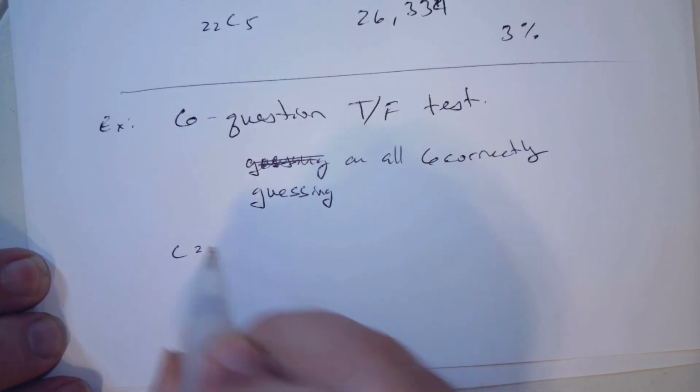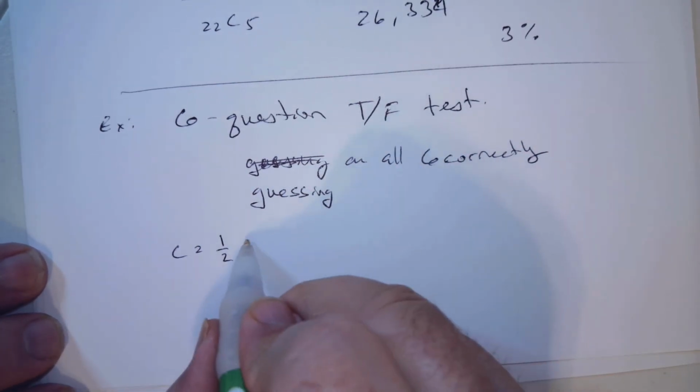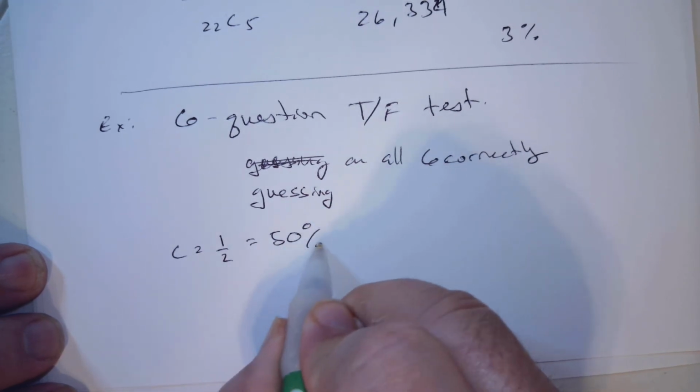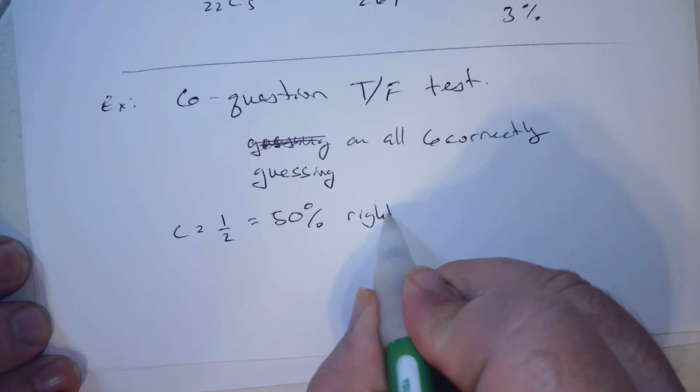So, to get it correct, we know that it's 1 out of 2 possibilities, which is 50% chance of getting each question right.